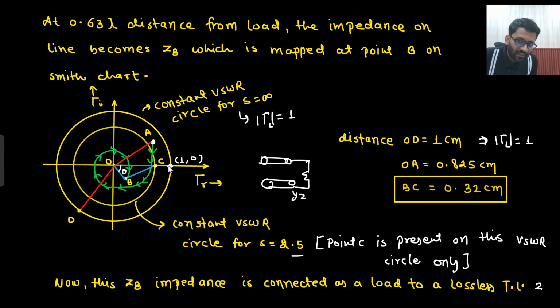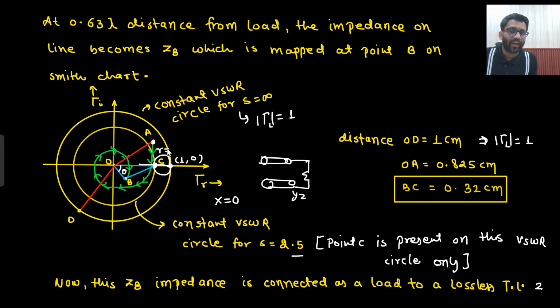One R circle will originate in this direction, passing through point C, and certainly some X circle will also originate. That X circle will be X equals 0. So when both curves cut at point C, that means the X circle has to be X equals 0 and the R circle has to be R equals something. So will this R value be greater than 1 or less than 1, because the R equals 1 circle was this.